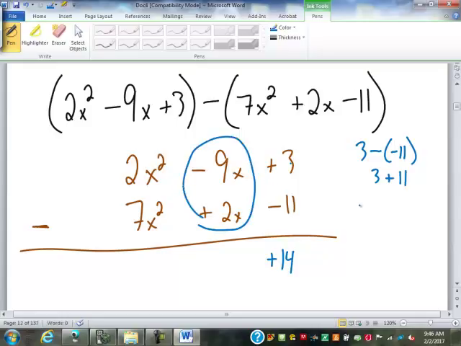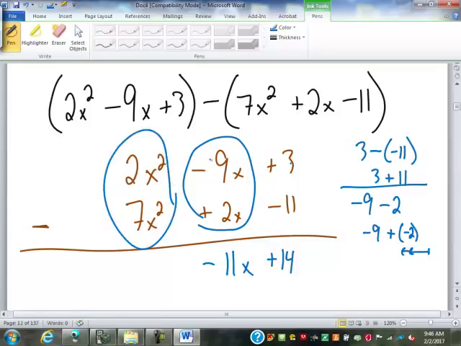Here we have negative 9 minus 2. So again, I'm going to write it over here. Negative 9 minus 2. I'm going to change that into negative 9 plus a negative 2. So negative 9, negative 2, that makes negative 11x. And 2x squared minus 7x squared was 2 minus 7. Negative 5. Good.